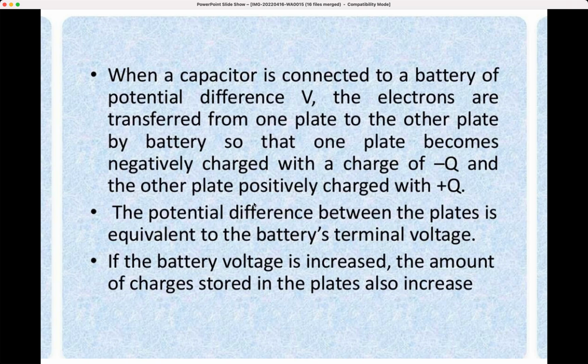Remember, this relation is useful for the concepts. If the battery voltage is increased, the amount of charge stored on the plates also will increase.